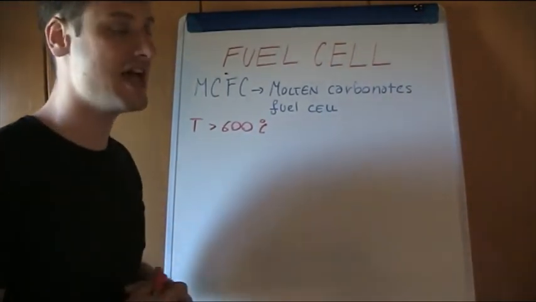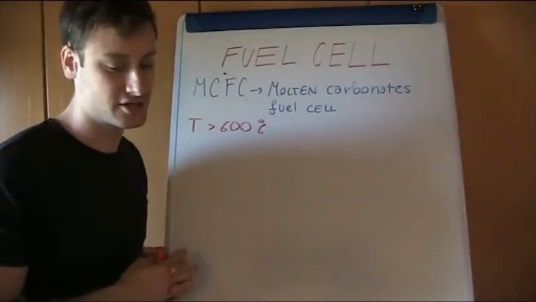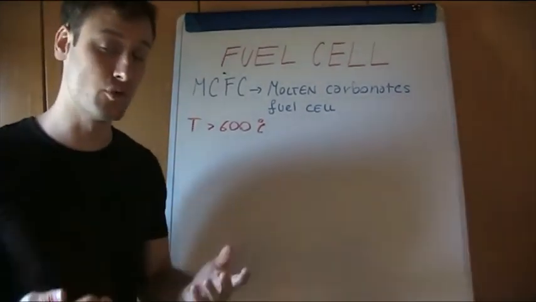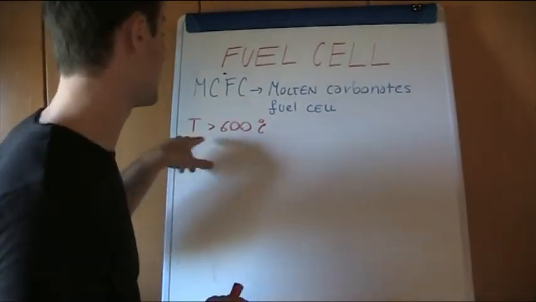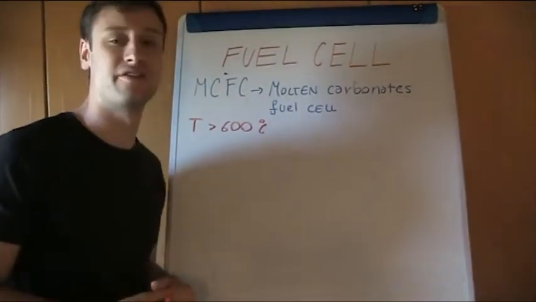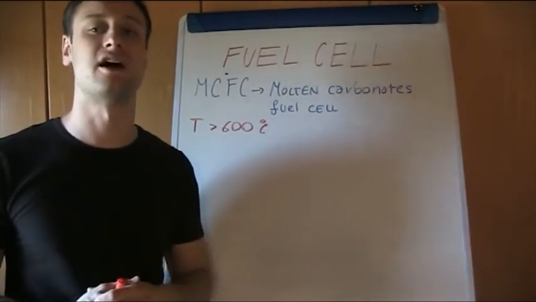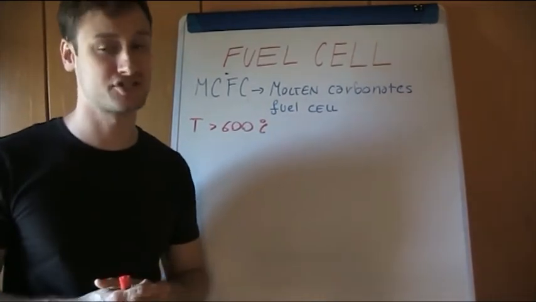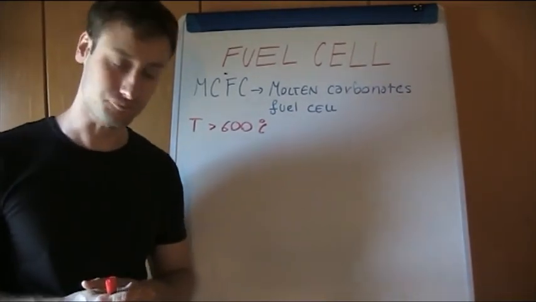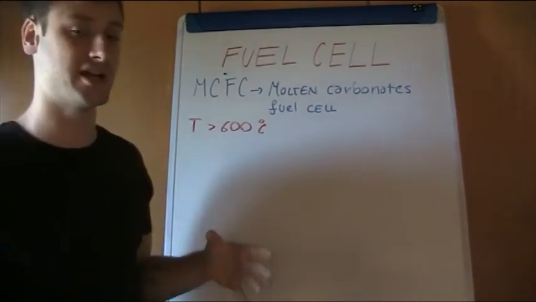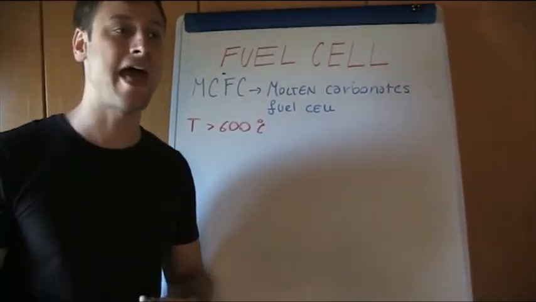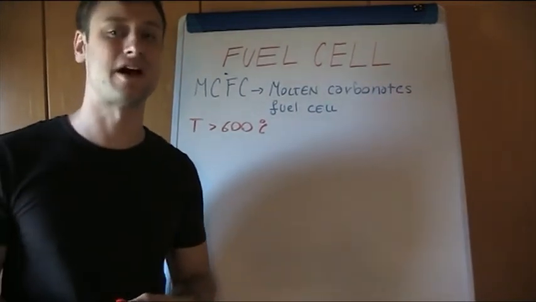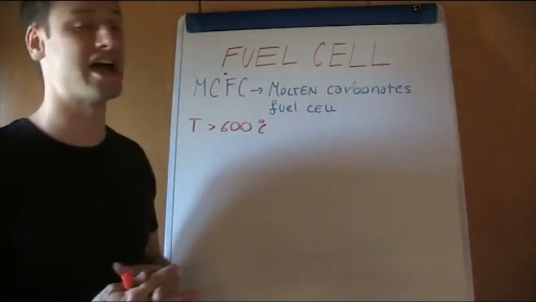Also in this case, we can exploit different types of fuel, and since we are working at high temperature, the poisoning effect due to the presence of carbon monoxide or carbon dioxide is really limited. So also in this case, we can describe an electrical device sharing the same advantages of a solid oxide fuel cell.